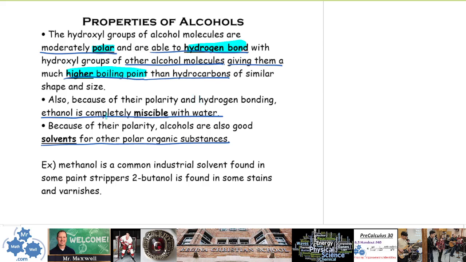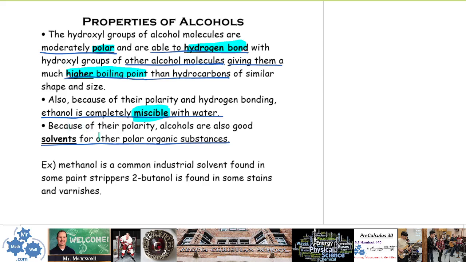So compared to hydrocarbons of similar shape and size, they have a higher boiling point because of the interactions between the molecules. Also, because of their polarity and hydrogen bonding, ethanol is completely miscible in water. Okay, so it completely mixes really well. It doesn't form oily drops or whatever like you would see with some things that try to mix with water. It's completely miscible with water.